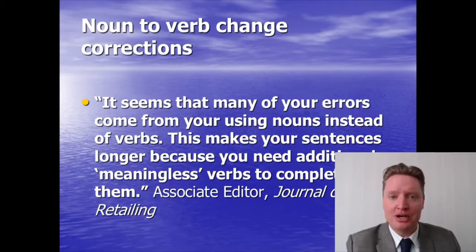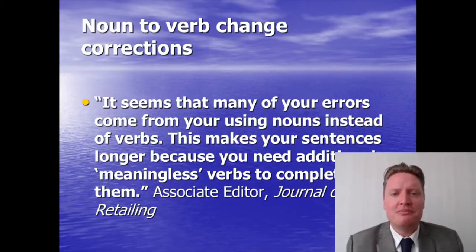Here is a reviewer complaining, actually an editor, complaining about this problem in a paper. He says, it seems that many of your errors come from your using nouns instead of verbs. This makes your sentences longer because you need additional meaningless verbs to complete them. What is a meaningless verb?